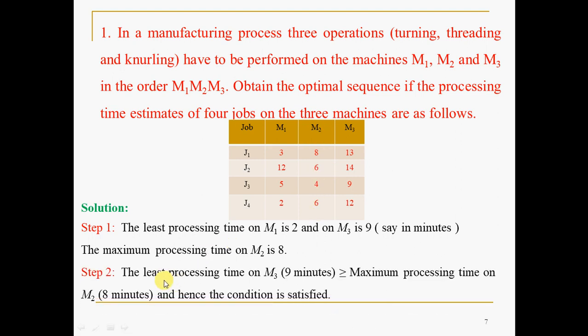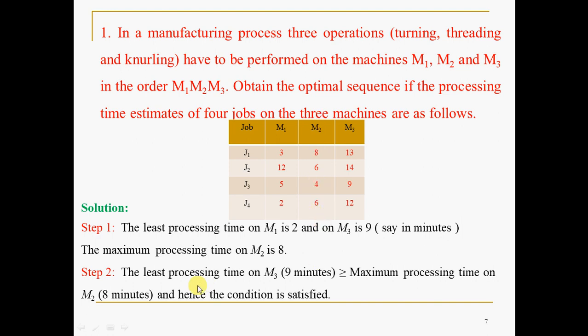Step 2 is, if the least processing time of either M1 or M3 is greater than or equal to the maximum processing time of M2, then we can say that the condition is satisfied, either of the conditions. So either the least processing time of M1 or the least processing time of M3 should be greater than or equal to the maximum processing time of M2.